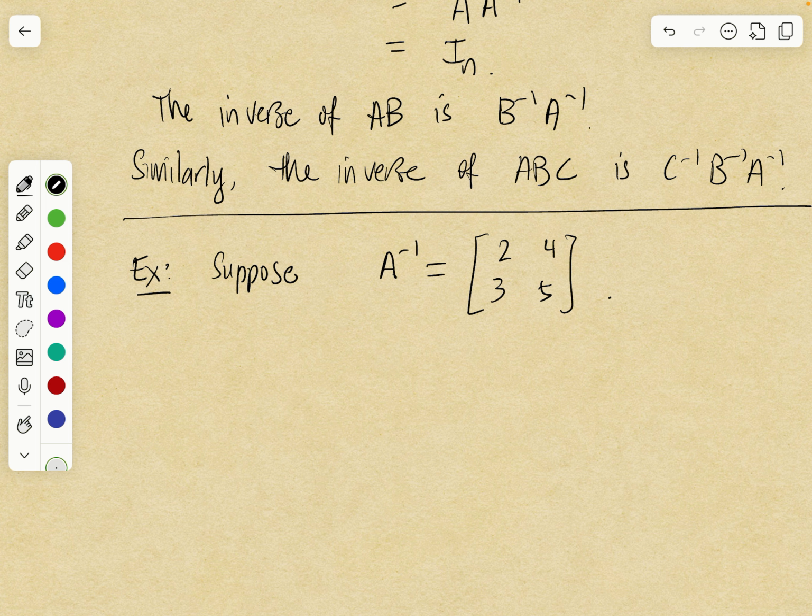The first column is 2, 3, the second column is 4, 5. Find the inverse of 2A. Well, why don't you think about it for a moment and see what you get.